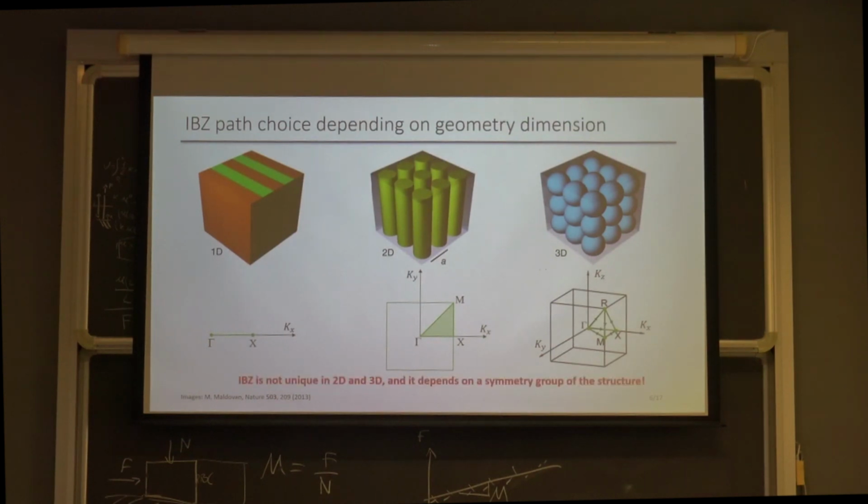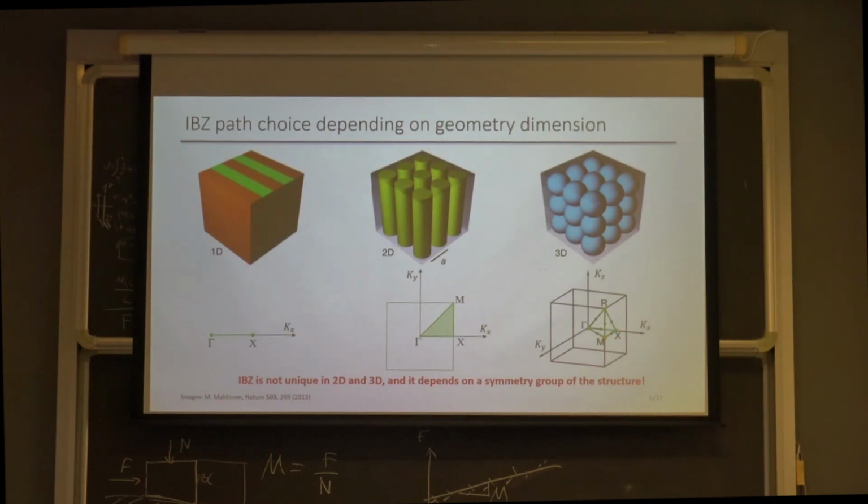But the most important thing that I want to point out is that the irreducible Brillouin zone is not unique for the 2D and 3D case. So you first need to define the symmetry group of your structure, and only then can you open the books on crystallography and check which irreducible Brillouin zone you need to take.